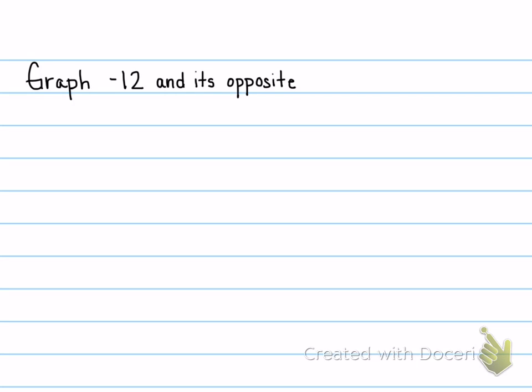So let's start by graphing negative 12. If I draw my number line, I put my arrows on the end, I can put 0 in the middle, and because I'm graphing a number and its opposite, it's a good idea to put 0 in the middle, just because you know that you have to go to negative 12 to the left of 0, and then the opposite, which is positive 12, to the right of 0.